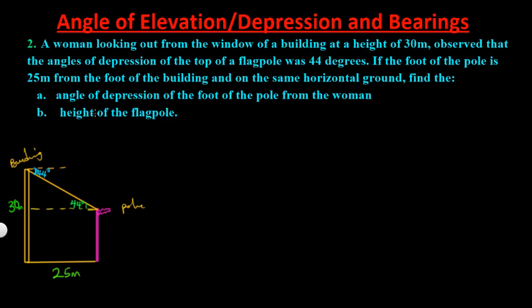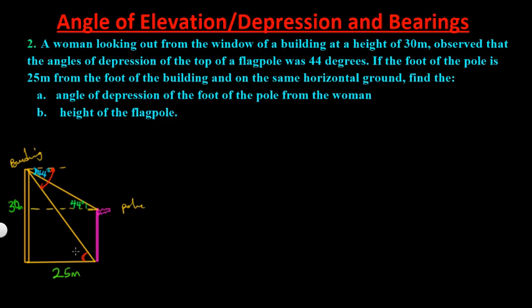And it was also said to find the angle of depression of the foot of the pole from the woman. So there is also a connection to the foot of the pole from here down. That's what the question is asking us to find, as this angle from here down here. Remember, using alternate angles is the same thing as this.